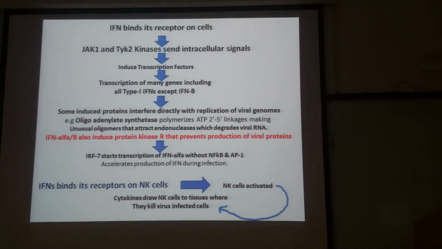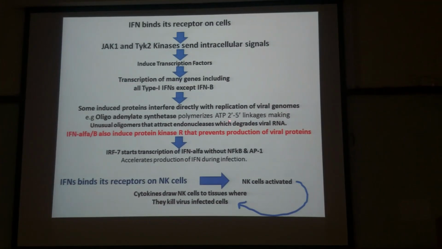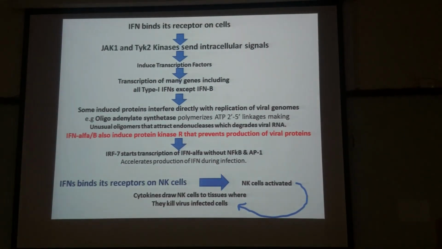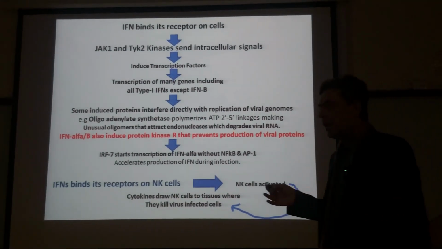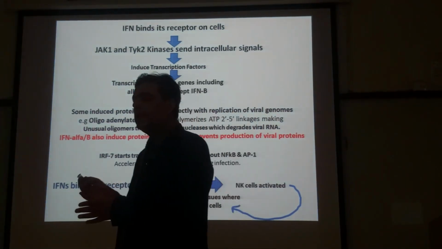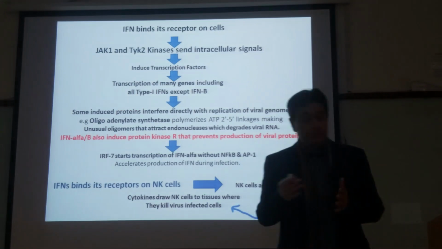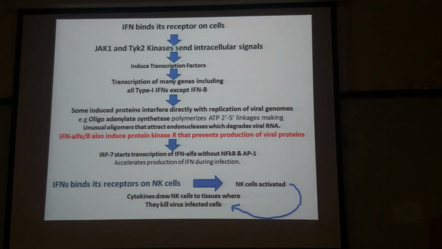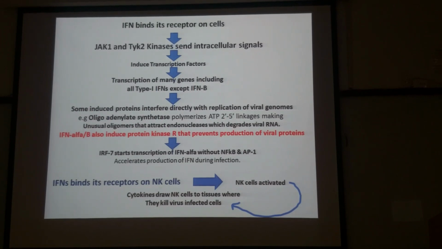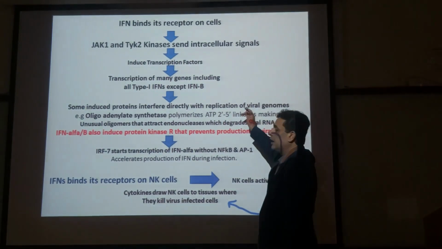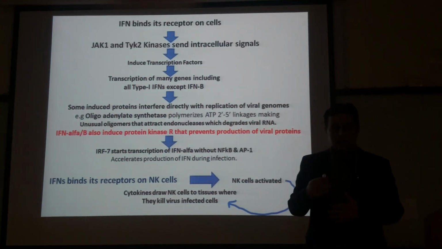It is an enzyme and it polymerizes ATP with 2 to 5 prime linkages. Normally in human nucleic acids, you would not see 2 to 5 prime linkages. The linkages are 3 to 5 prime linkages, but this enzyme just alters that tradition and polymerizes ATP in 2 to 5 prime linkages.